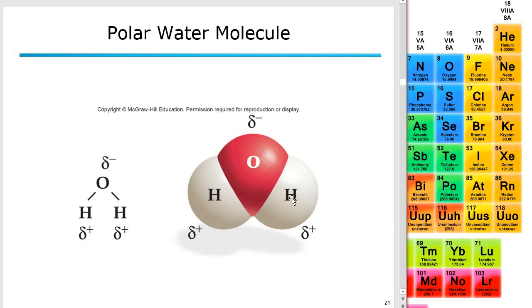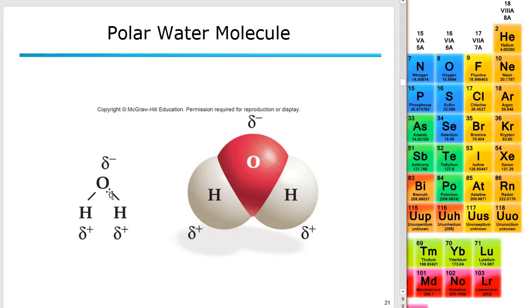In the case of water, oxygen decides to share. Remember, hydrogen just has 1 electron and wants 1 more, and so it's willing to share that electron with oxygen, so that oxygen has 8 and each of the hydrogens has 2. So oxygen has 6 plus 1 here and 1 here. The sharing gives you 8, and each of the hydrogens has 2 electrons. And we end up with this water molecule.